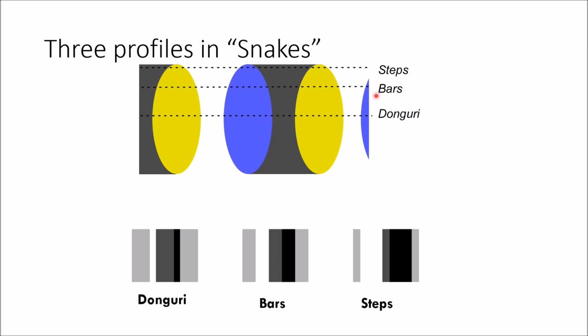Somewhere higher, where the yellow, the dark, the black, the white all have equal size. And then on the top, where we have it inverted. So we have small yellow and large dark and white areas. And we created signals out of them in the form of bars, like here the Donguri, the bar signal, and the step signal, as we call it.